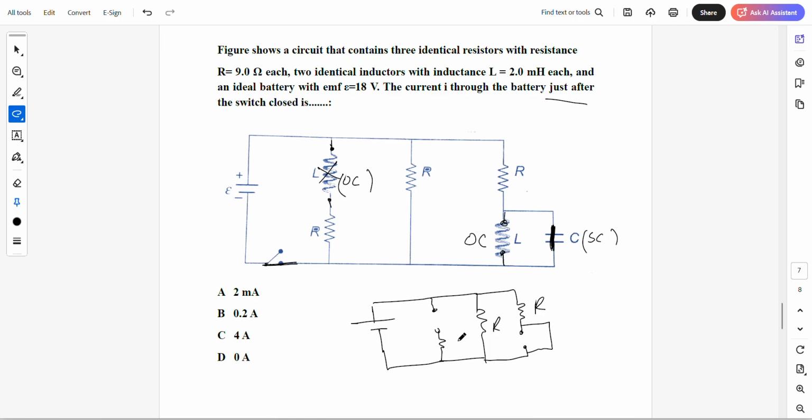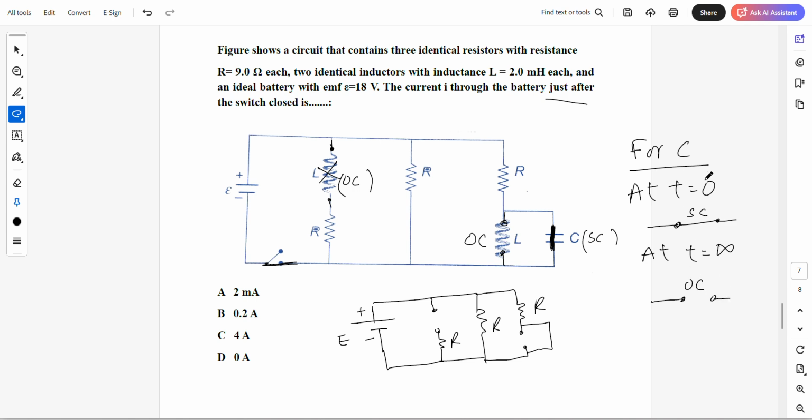R, this is R. This is plus minus E. Remember for C, at T is equal to 0, C behaves like a short circuit. At T is equal to infinity, it is the opposite of the inductor, it is an open circuit. This is for C, I am writing for capacitor.